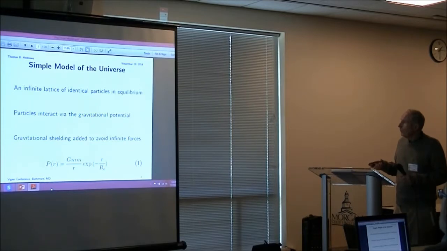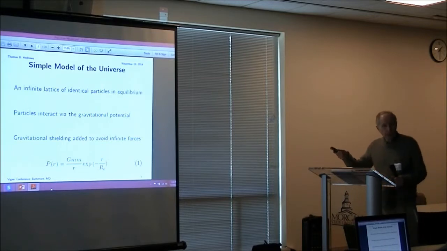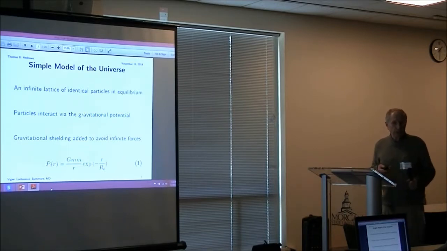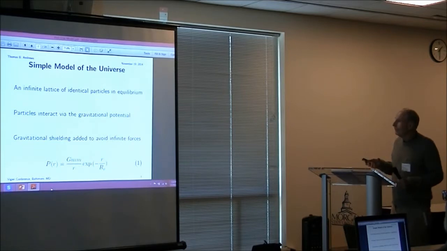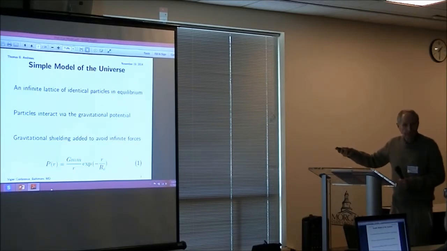So I think everyone can go along with an infinite lattice. It doesn't have to be quite infinite, but it has to be out maybe 250 billion years or so. And the identical particles, I could have assumed electrons too, but in fact the electrons turn up as a result of this model.